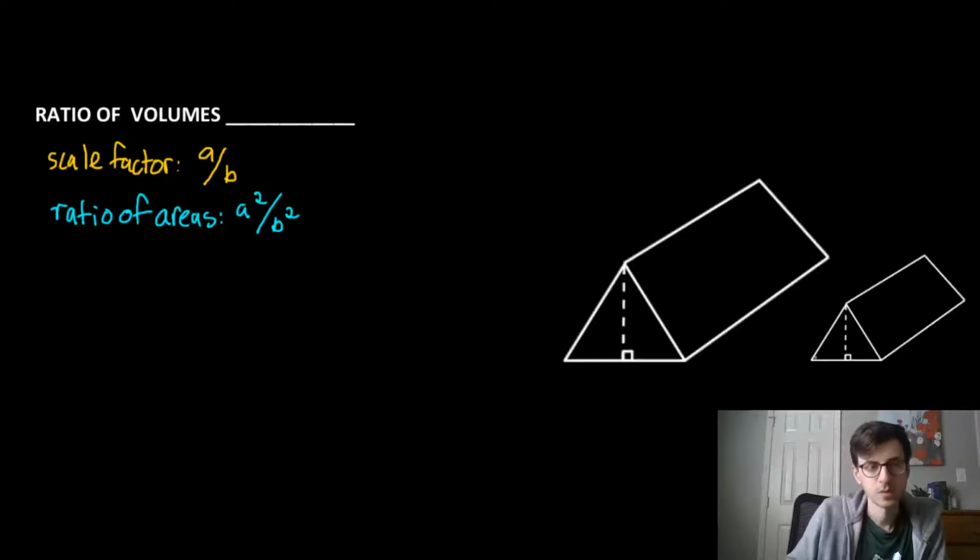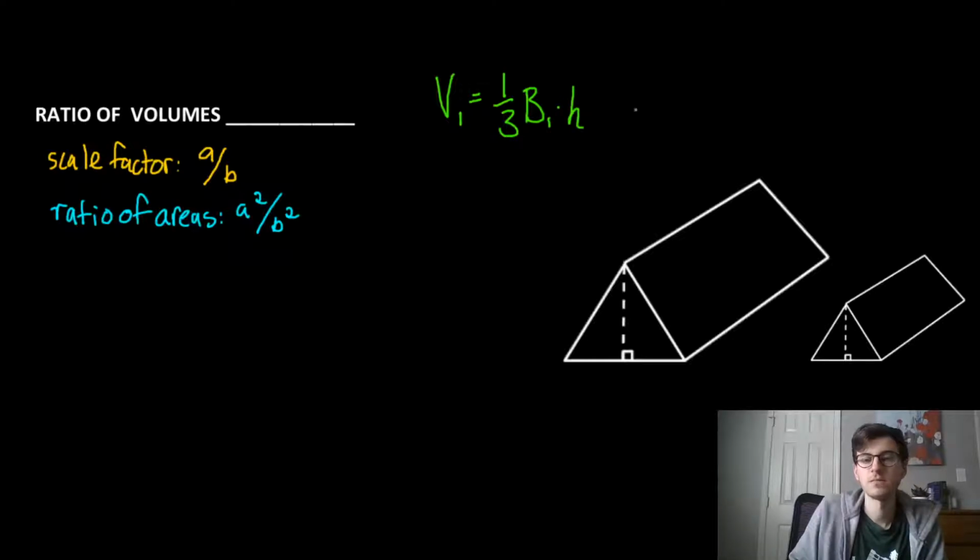Why not? The volume of my first figure is 1/3 the area of the first base times the height. So again, let's use what we did in our last problem.